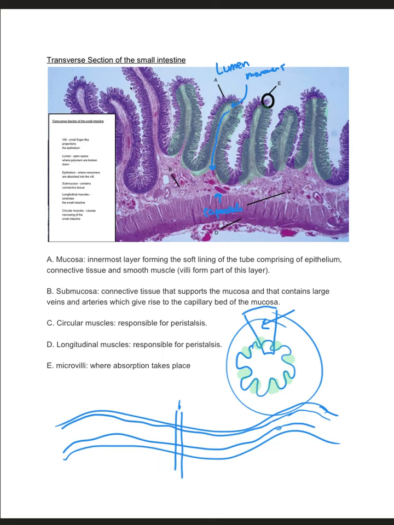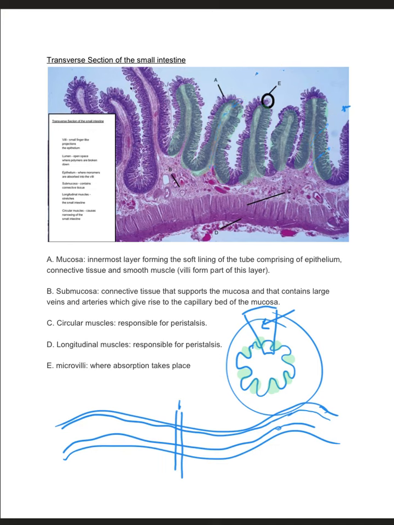Meanwhile, there are cells, endocrine glands and exocrine glands, that are releasing enzymes into this duct and into the lumen, helping to digest and so forth. There's a couple of areas on this picture you need to be familiar with.